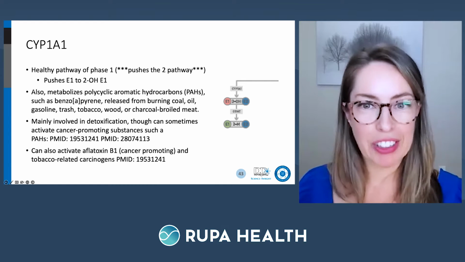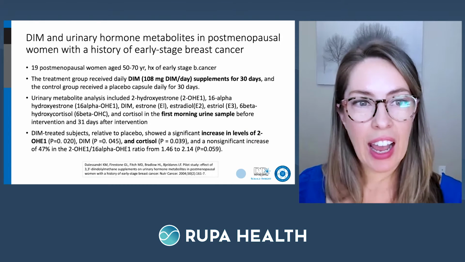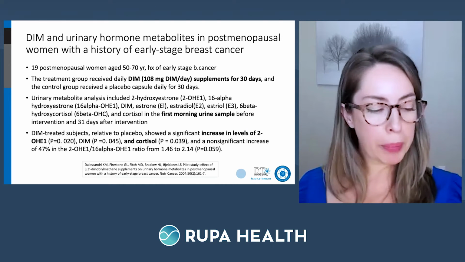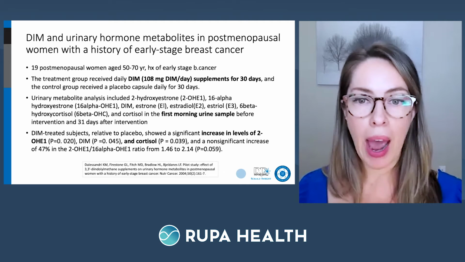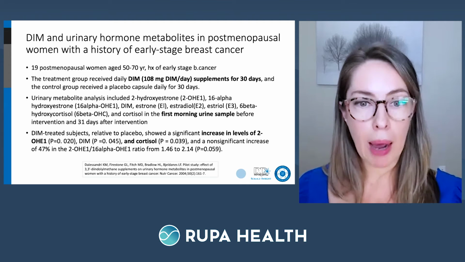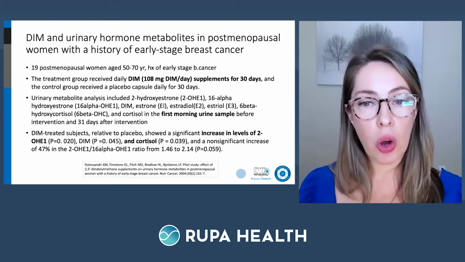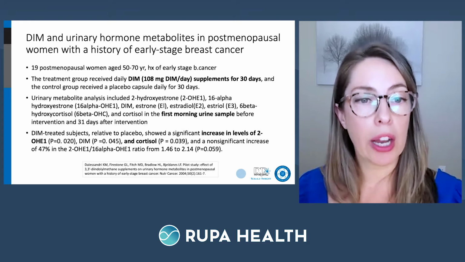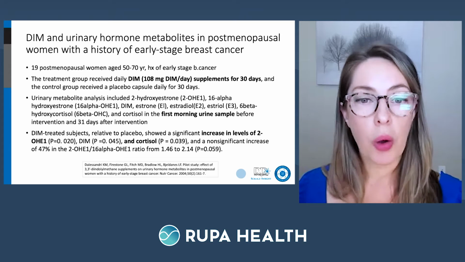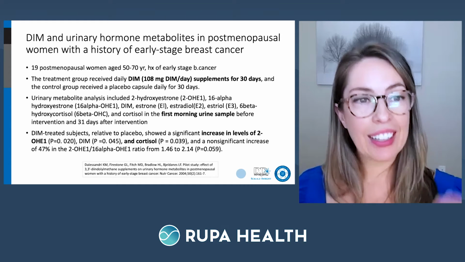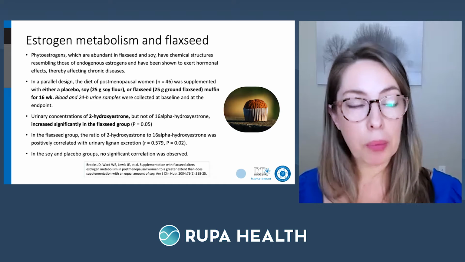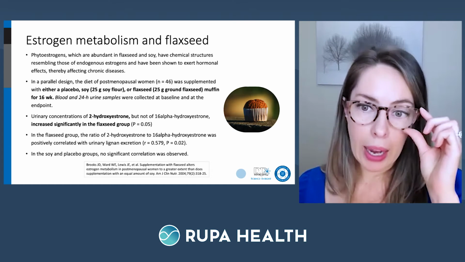However, it's a step in the right direction. And this study, I know you've probably all heard of diindolylmethane or DIM as a treatment for optimizing estrogen metabolism. That's because of studies like this that show that diindolylmethane is increasing that 2-hydroxylation pathway. So something to keep in mind, that can increase the enzyme that helps support that CYP1A1.